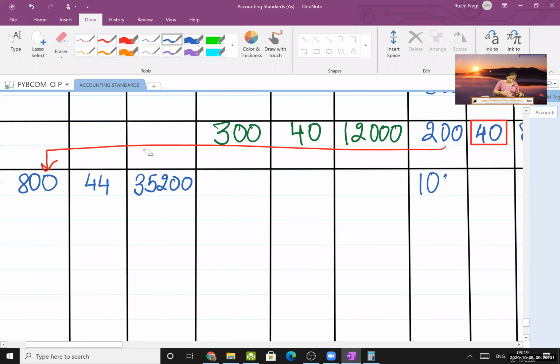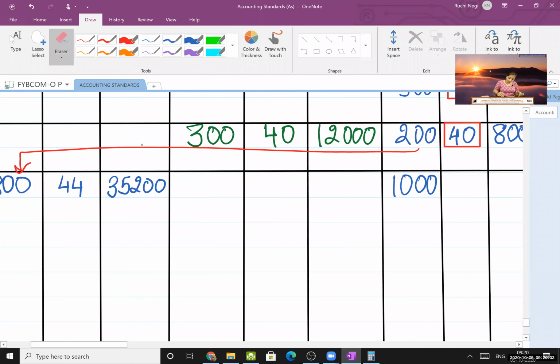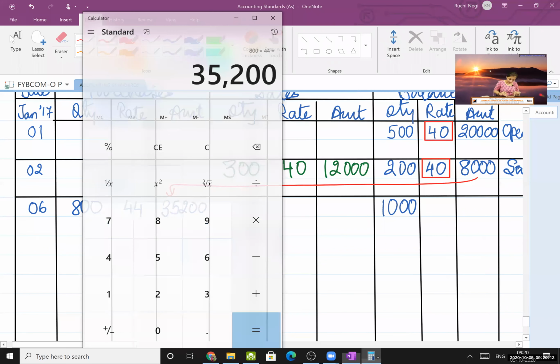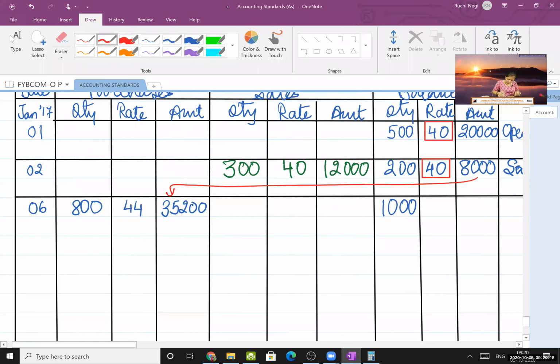Now amount add. 8000 plus 35,200 is 43,200. So right here 43,200.